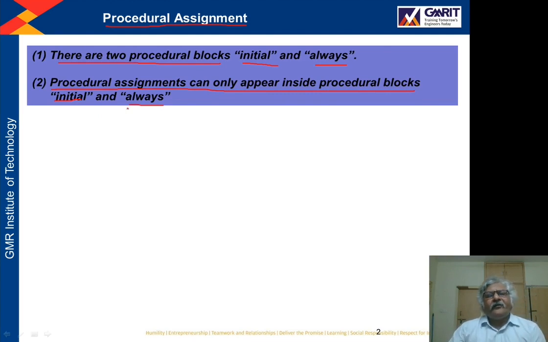We have already done a lot of Verilog modules in which we have used the always block while writing the behavior model of any Verilog module, and the initial block we have used when we write the test bench. The initial block executes only once, whereas the always block executes continuously.